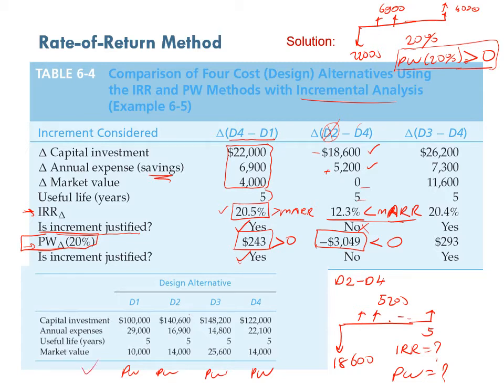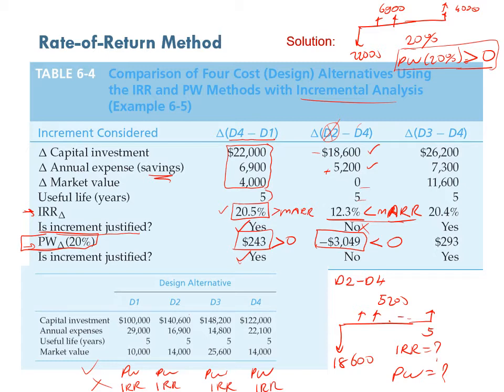Okay, so there's no problem with this one. But if you find the internal rate of return for each project alternative separately and select the maximum of them, then you may end up with a wrong decision. So this incremental analysis is necessary if you are using a rate of return method. Otherwise, if you want to use an equivalent worth method, you don't need to use incremental analysis. But if you use it, still you will obtain the same result.